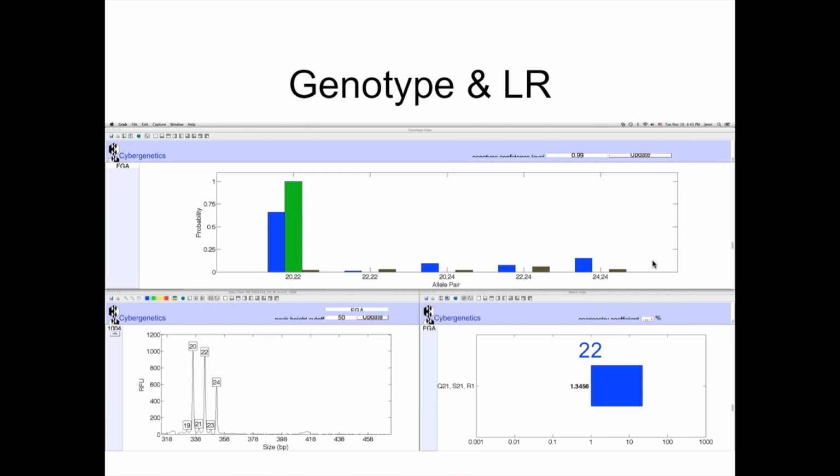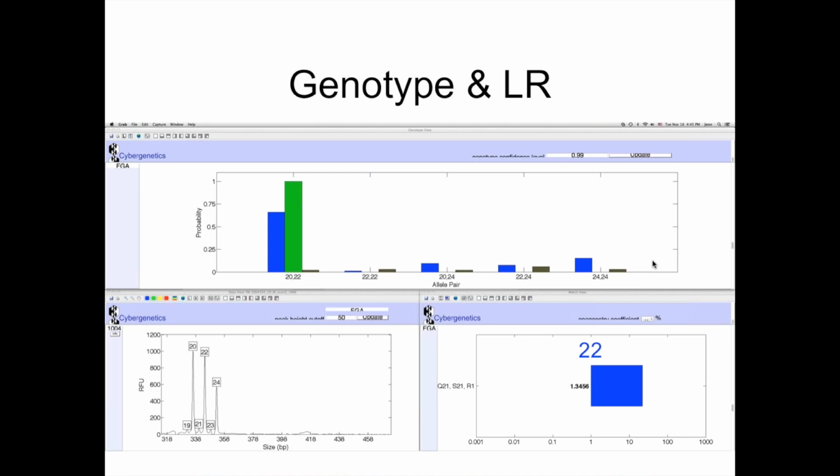In the comparison that gets made afterwards, we can see that the comparison reference genotype does have a 20-22 allele pair.